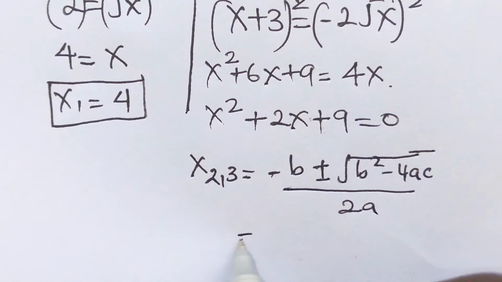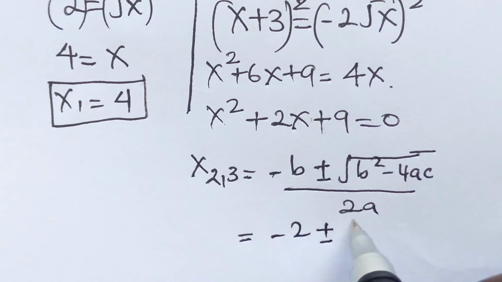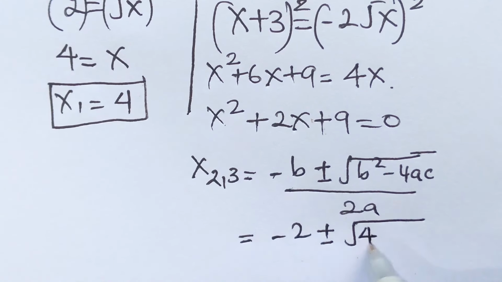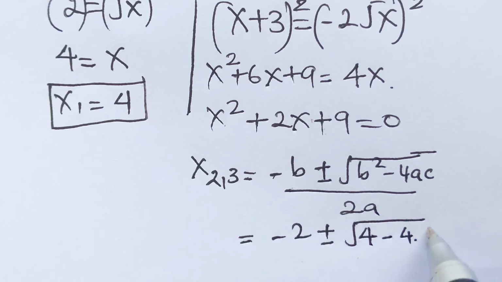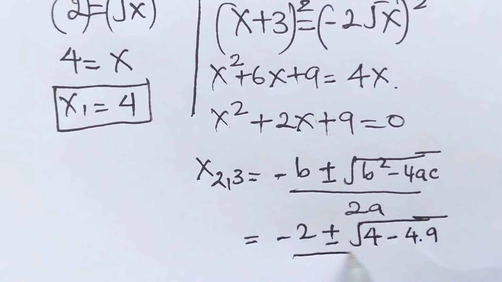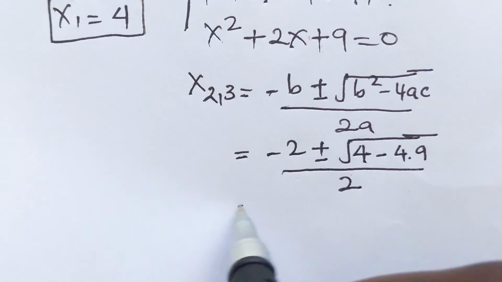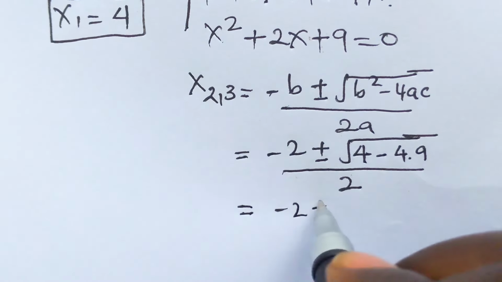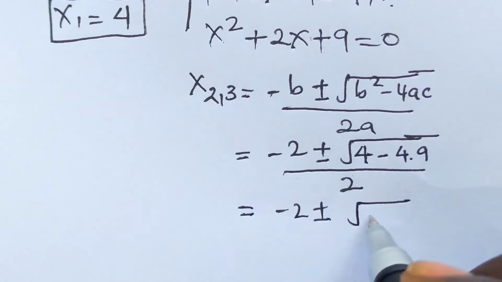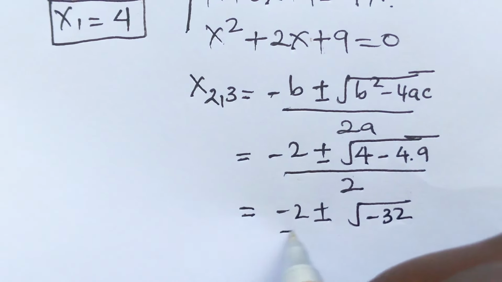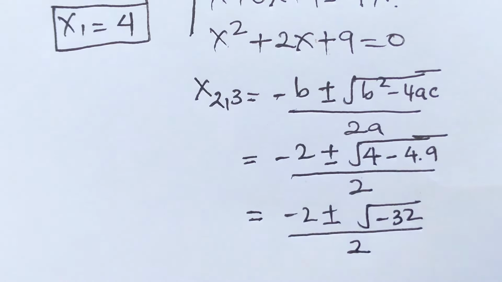Our b is equal to 2, so negative 2 plus or minus square root of 4 minus 4 times 9, then over 2. And this is equal to negative 2 plus or minus square root of negative 32 over 2.